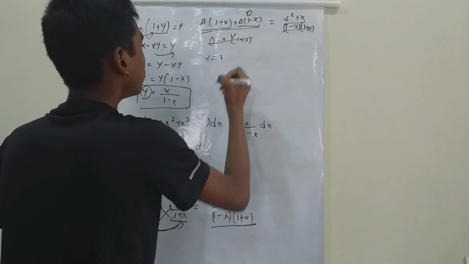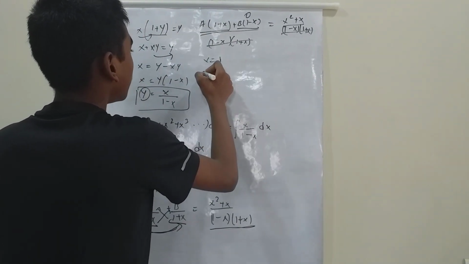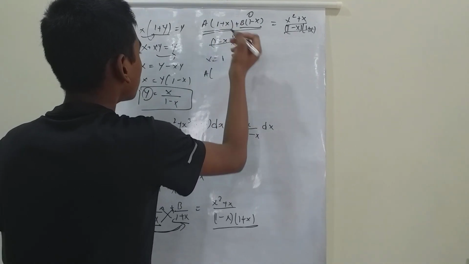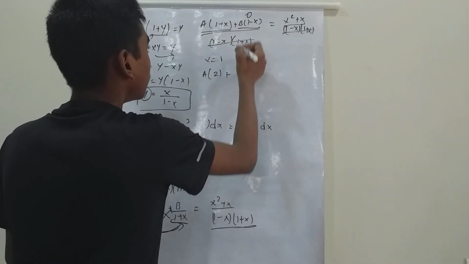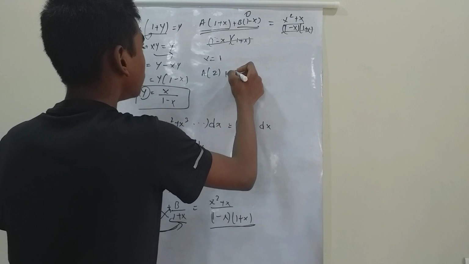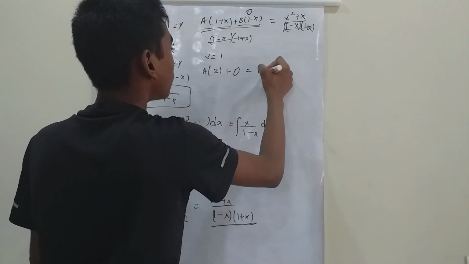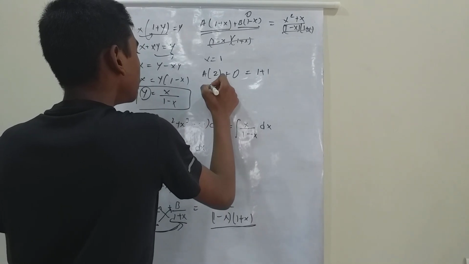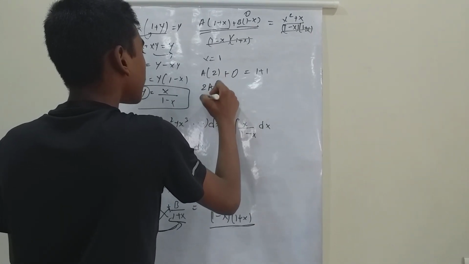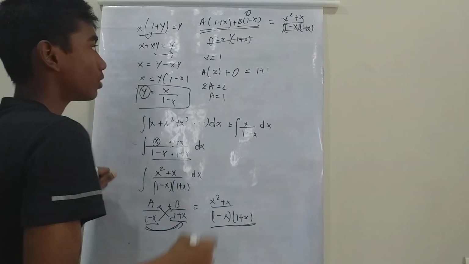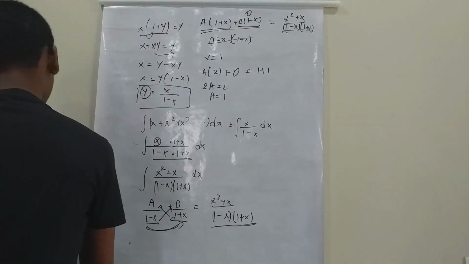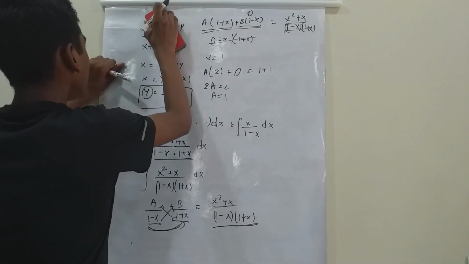That's a times (1 plus 1), which is 2. Then b times (1 minus 1) is 0, equals 1 squared is 1 plus 1 is 1. So 2a equals 2, a equals 1. So we got the value for a. Now we've got to just solve for b.